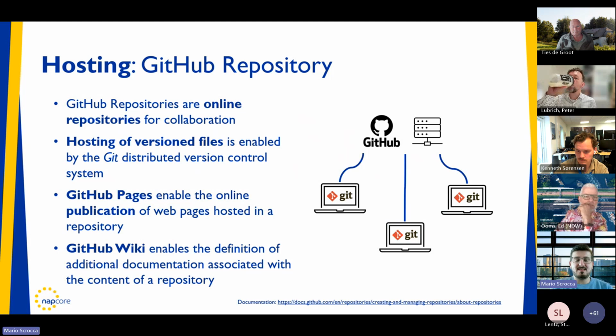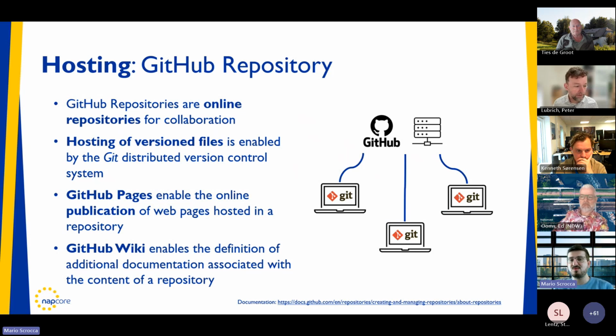So to present the hosting, I need to discuss some concepts related to GitHub. Probably if you are more technical, you already know this website. GitHub is a service that allows hosting repositories for online collaboration.